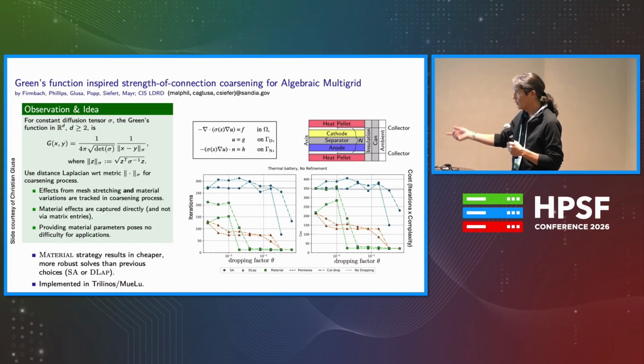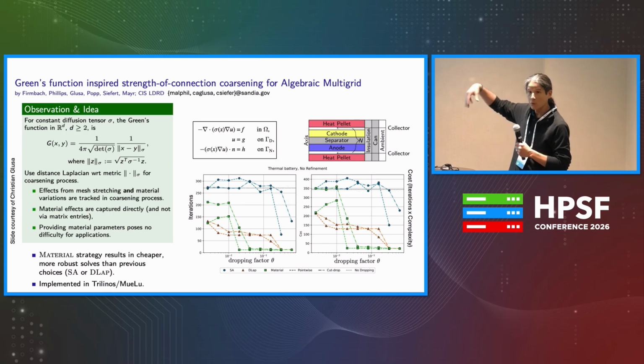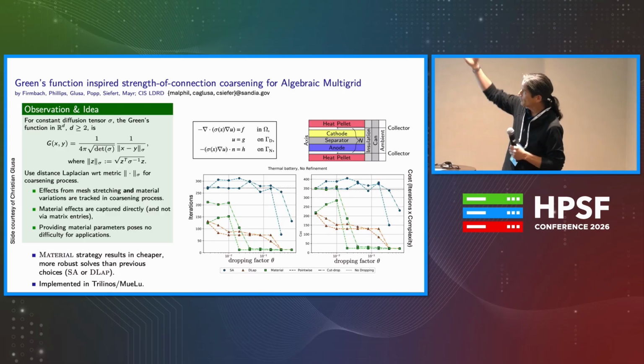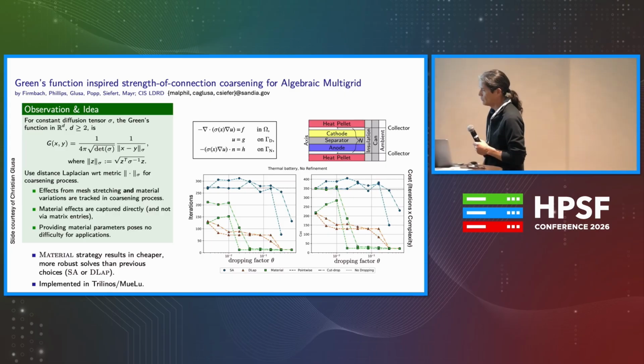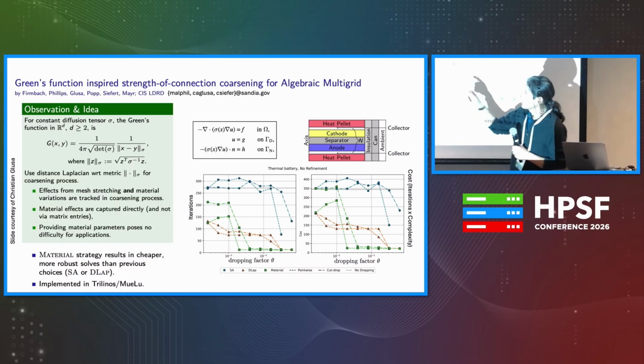There's an alternative, which is to build what we call a distance Laplacian, which is based purely on mesh coordinates. Those are the two classic pieces that we've had for a long time inside of MueLu. And so this LDRD, led by Chris, has been incorporating those two.